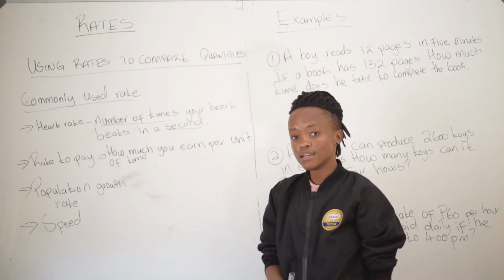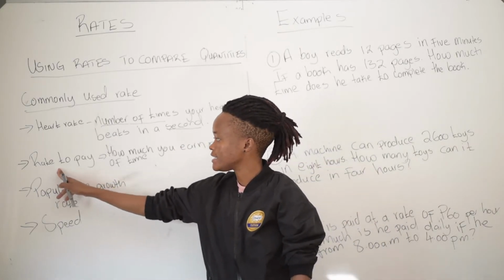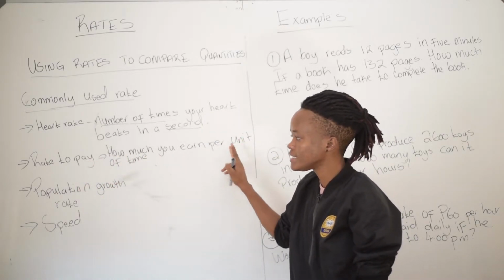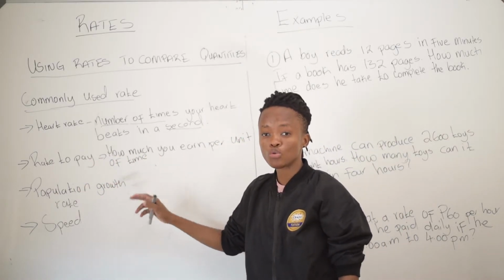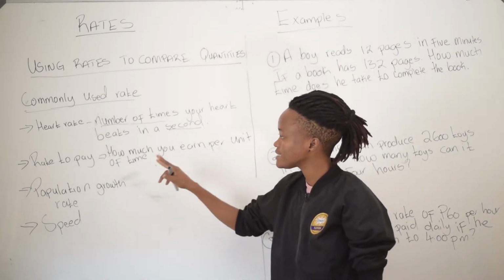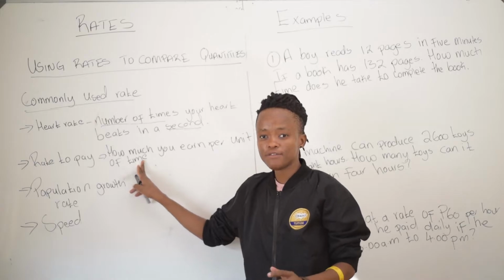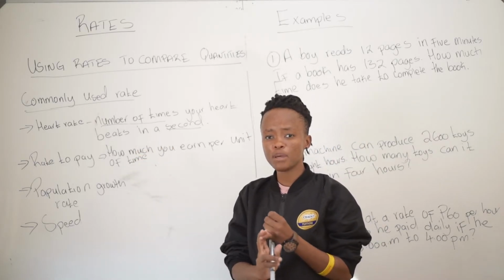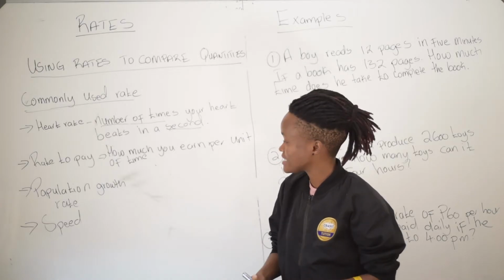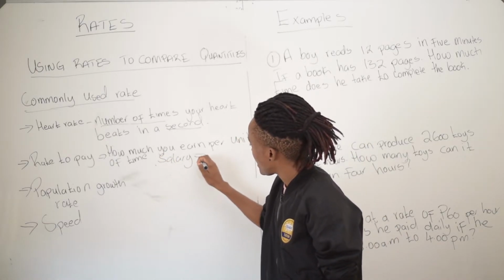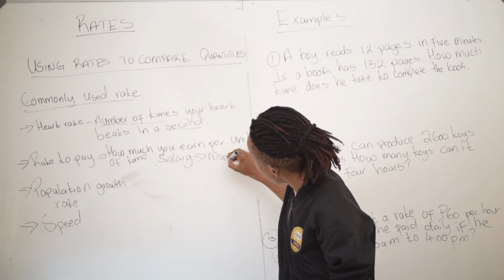And then the next thing that we have is the rate of pay. How much you earn per unit of time. So the amount a person earns, comparing it with what? With time. Different people earn different pay. We have people who earn a salary. A salary is pay, monthly.